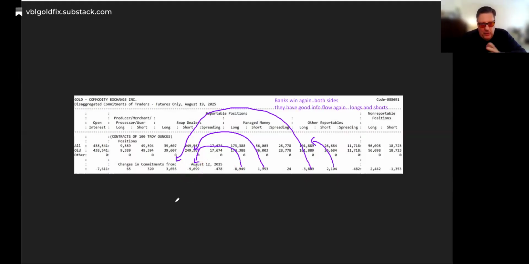That's not panic, it's normal. These are the weaker hands selling in the down move, and these guys are covering. You also have more weak hands selling, and that's managed money shorts, and other reportable shorts are not necessarily weak, but managed money shorts are selling. So the momentum sellers are coming in. Okay.